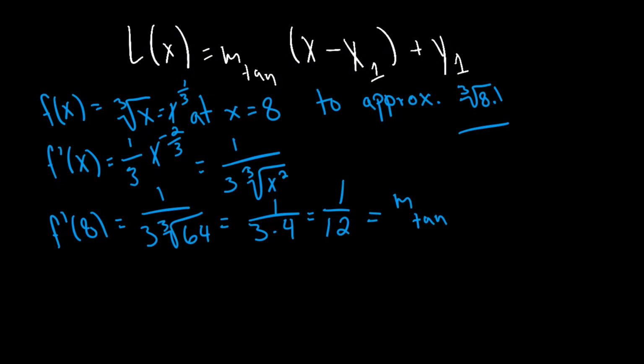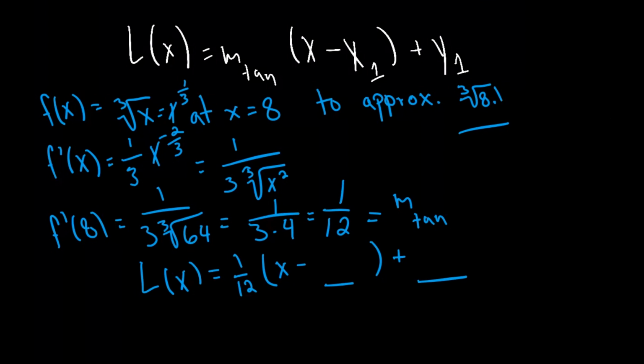Now we can plug in this value here. So we have y equals 1 over 12 times x minus, and we're missing these values. To find these values, we're going to have to plug them into the original function.